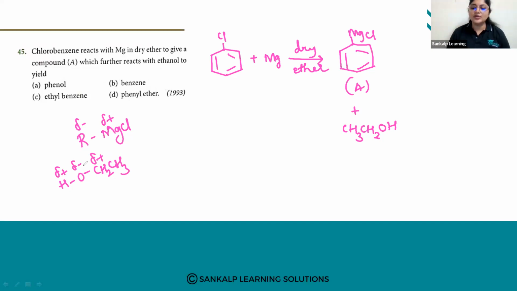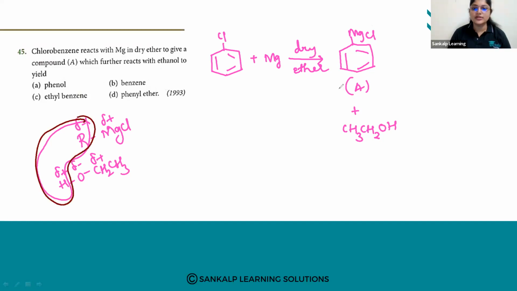Whenever RMgX, Grignard reagent, is there, it will behave as a base. So here is how the attack will take place. R will get combined with hydrogen, and this will get combined here like this. So this will be the product.